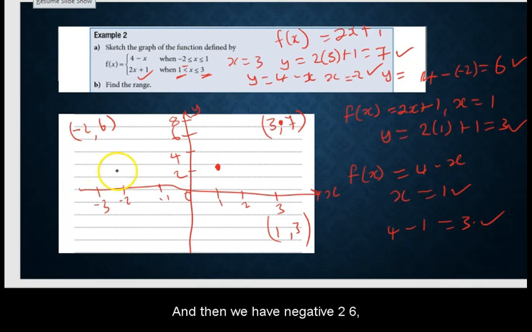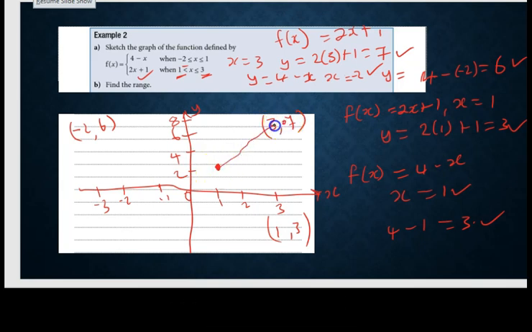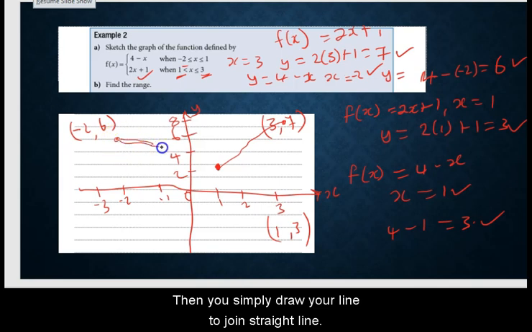And then we have negative 2, 6, negative 2, 6 somewhere here. And you simply draw a straight line to join all these points. So here, and then we have negative 2, 6 is here. Then you simply draw your line to join, straight line.